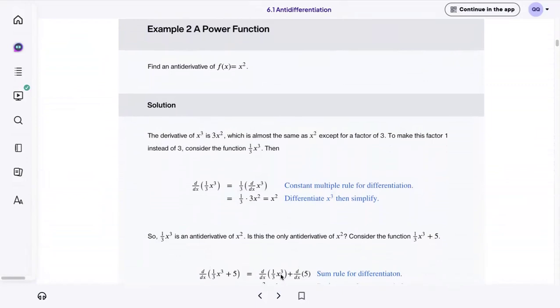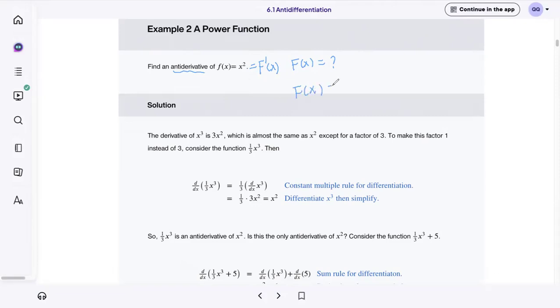Let's see this one. We want to anti-differentiate f of x equals x squared. So this equals f prime of x, and we want to find f of x. We just follow the steps.